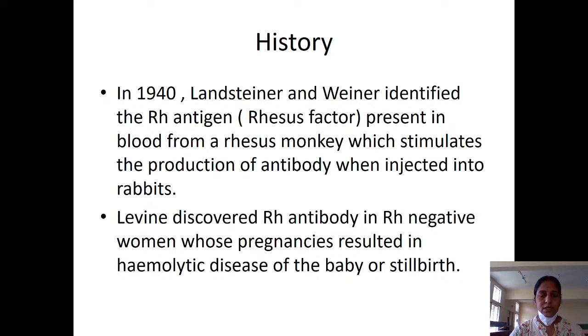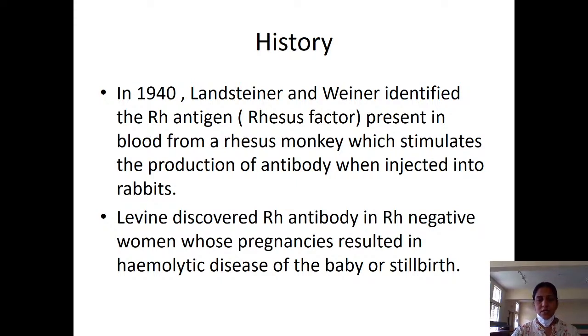A bit about the history. In 1940, Landsteiner and Wiener identified the Rh antigen, that is the rhesus factor, present in the blood of a rhesus monkey. It leads to the production of antibody when injected into rabbits. Levine discovered Rh antibody in Rh negative mothers, which resulted in a hemolytic baby or stillbirth.